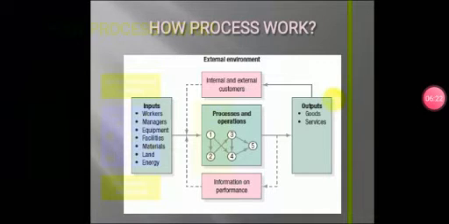How does a process work? Any process has inputs and outputs. Inputs include workers, managers, equipment, facilities, materials, land, and energy.